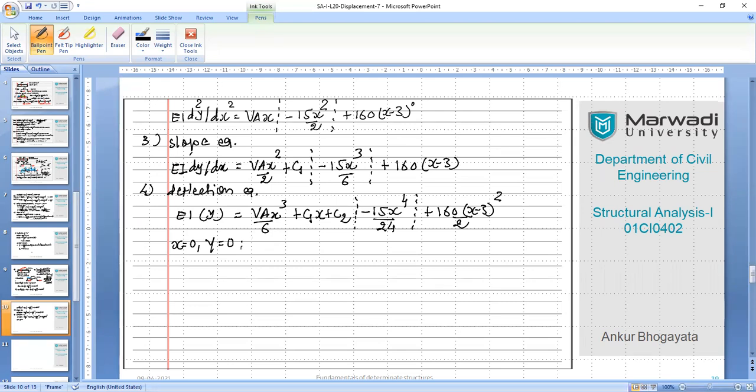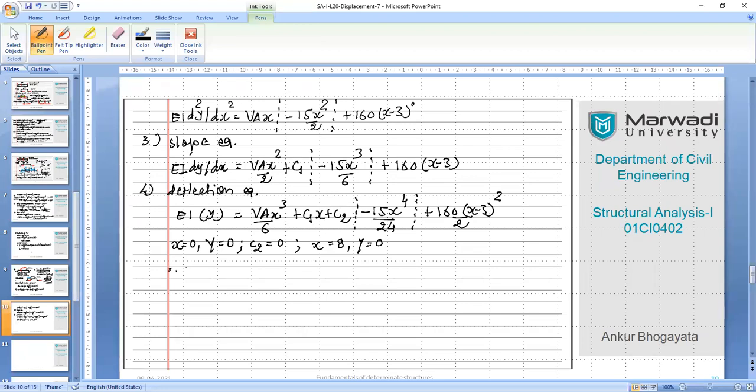That means C2 becomes 0 automatically. And when you use the other case, x equals the full length, that means 8 meters, y becomes 0. So in that case, now we have to find the value of C1.